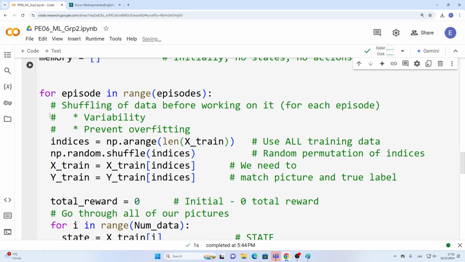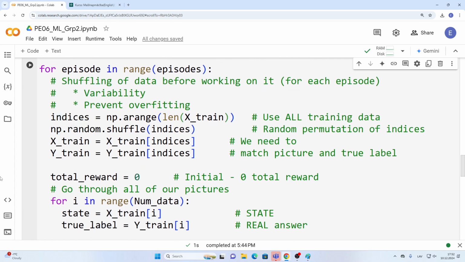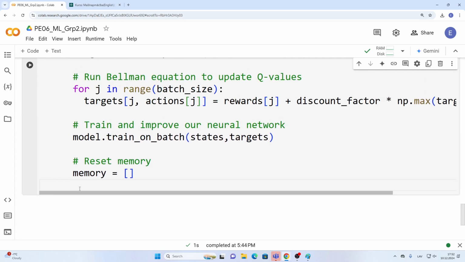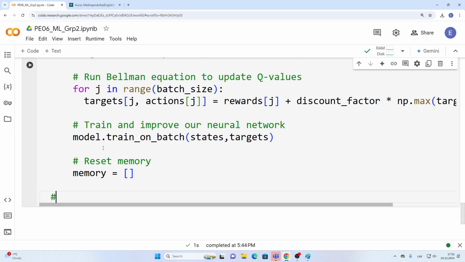So episode, shuffling data. Yes, so it's here, yes. We want to decay epsilon.